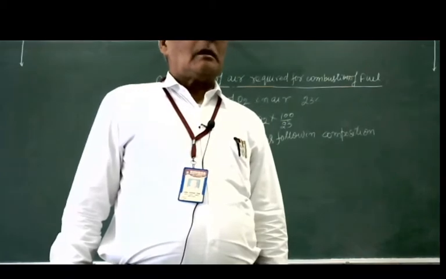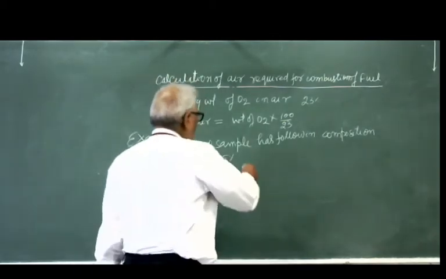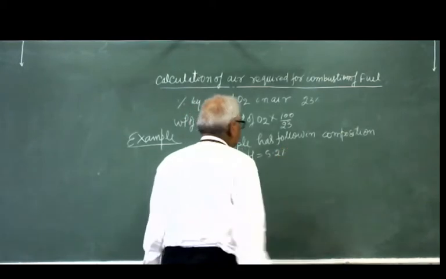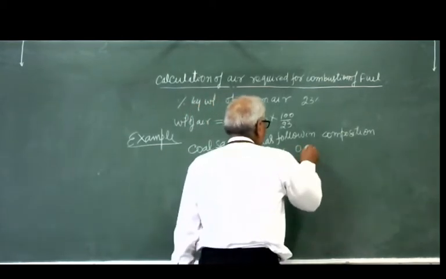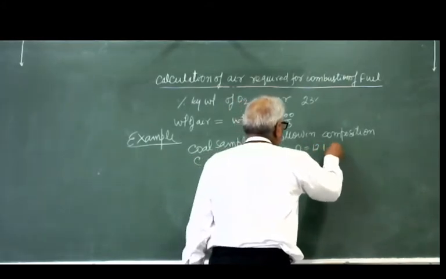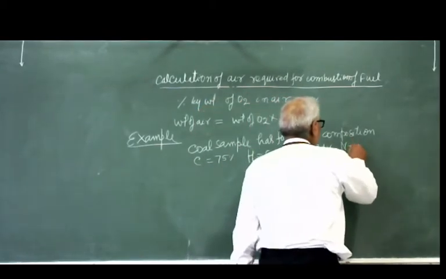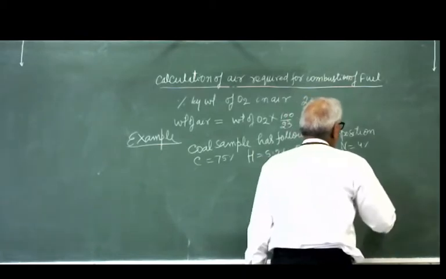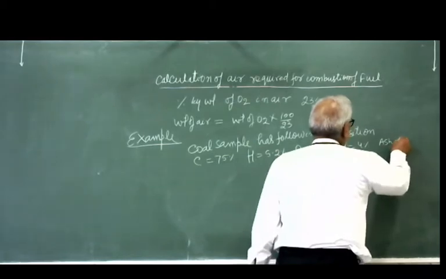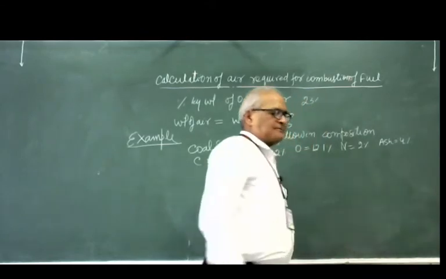Hydrogen equal to 5.2%. Oxygen equal to 12.1%. Nitrogen 4%. Ash equal to 2.4%. Like this.